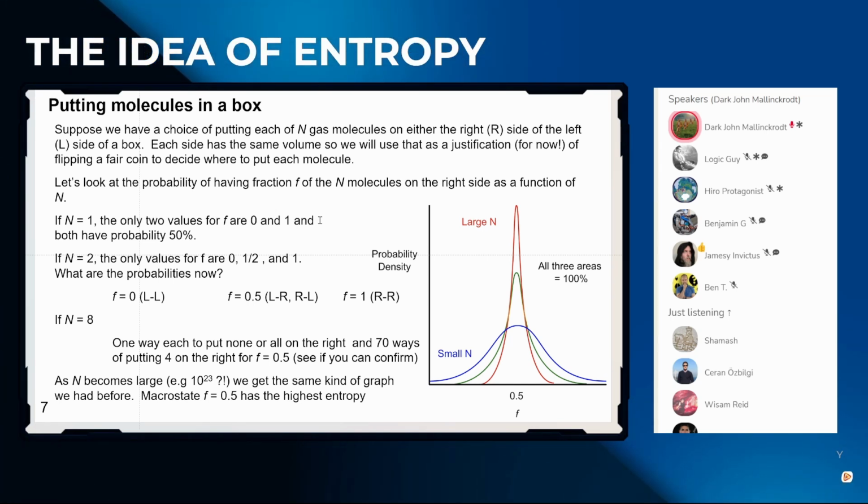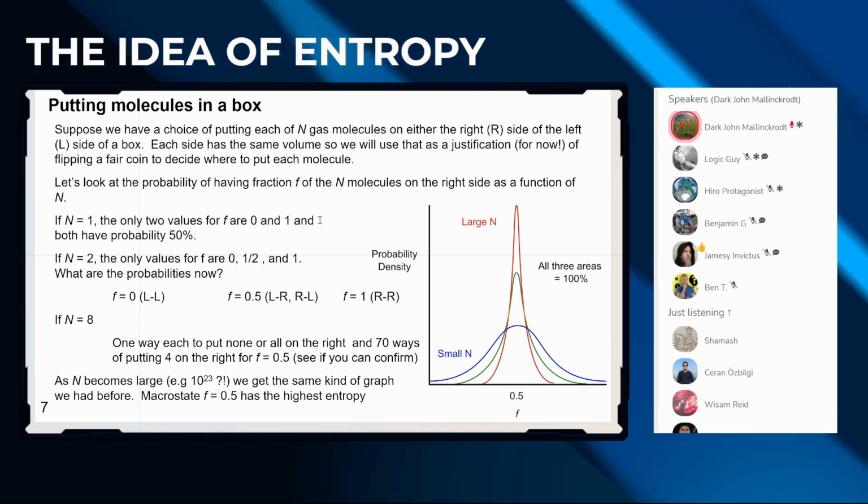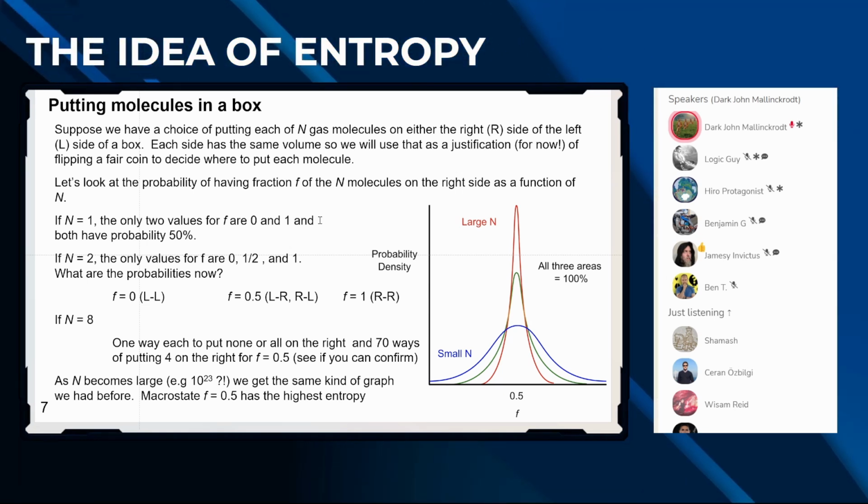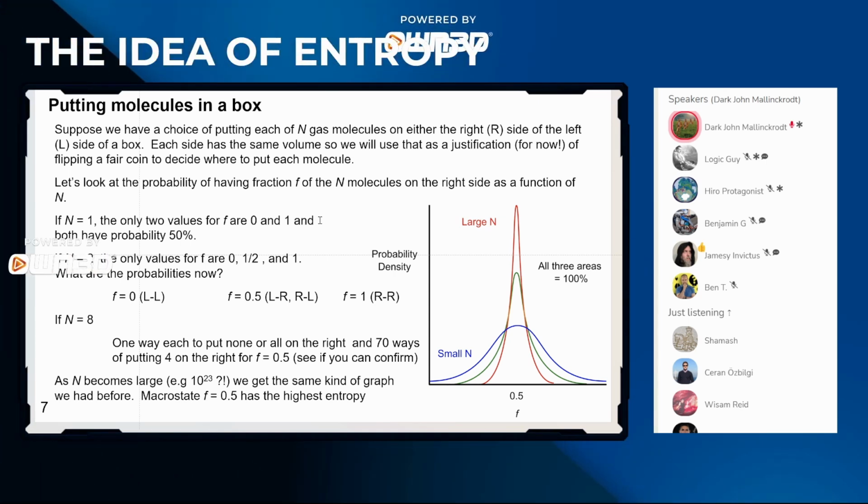If that's a reasonable thing to do, then the probability distribution would be slightly higher in the middle than it is on the ends: 25% on the ends, 50% in the middle, etc.